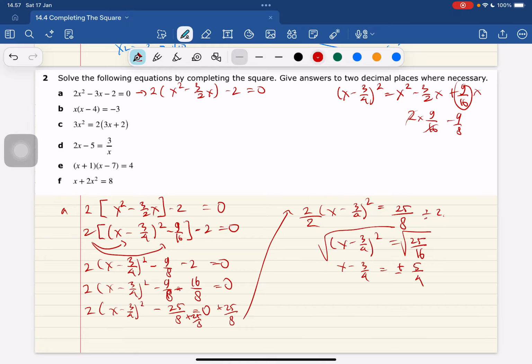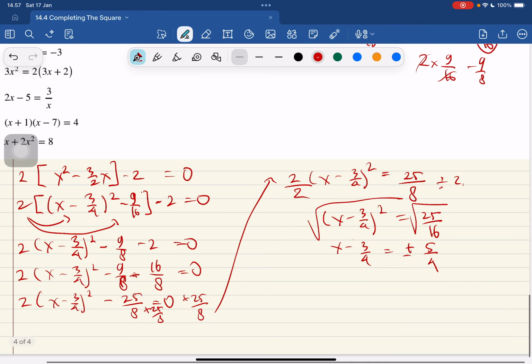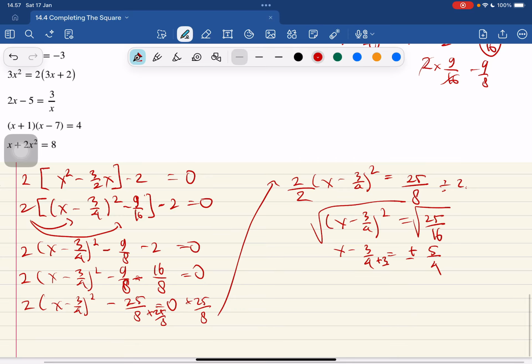Okay, we got it. Here we have minus on the left side, so we just plus 3 over 4 on both sides. We do the same thing, 3 over 4. So we got x equal to 3 over 4 plus minus 5 over 4. So for x1, we will use the plus sign.